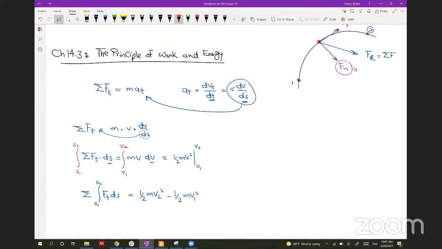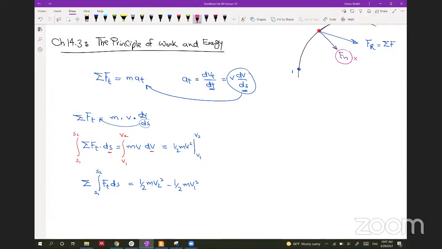Actually, this gives us a very interesting result, because we know that the integration of the force over a distance is the work done on the particle from position S1 to S2, and half m v squared is the kinetic energy. This is the relationship that relates the work exerted on a particle to the energy of this particle.